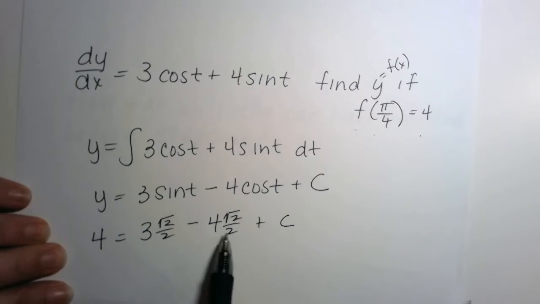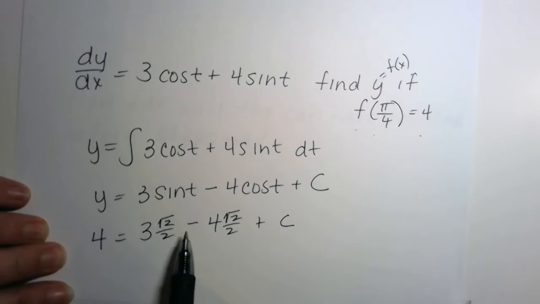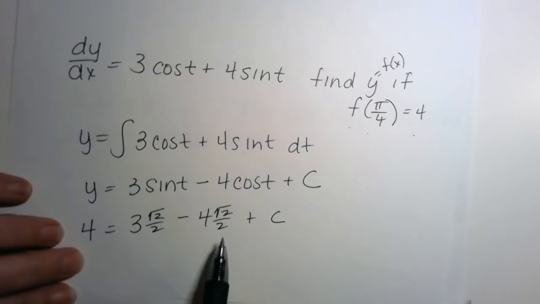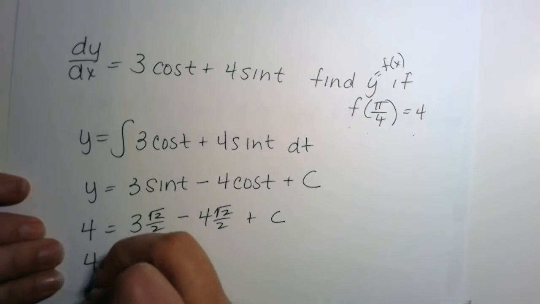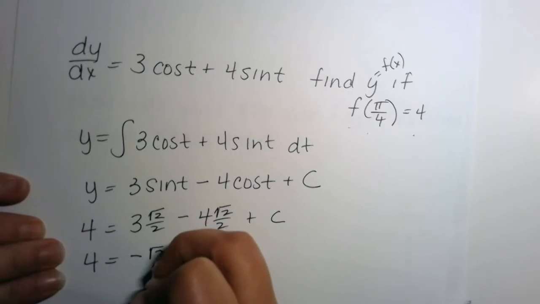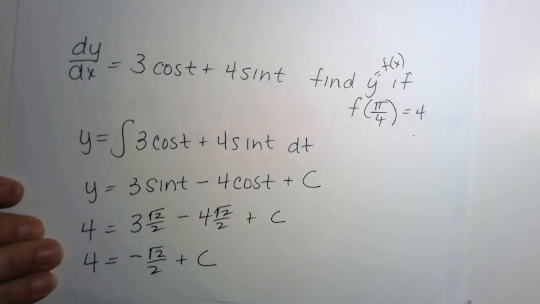Okay, so these are actually like terms. They're both root 2 over 2, and they have a constant in front. So I have 3 minus 4 here, which is negative 1, so I end up with 4 equals negative square root of 2 over 2 plus c.